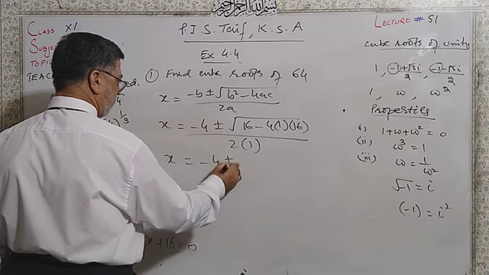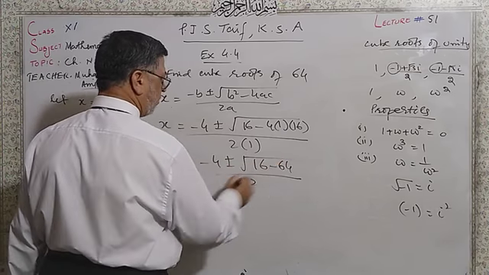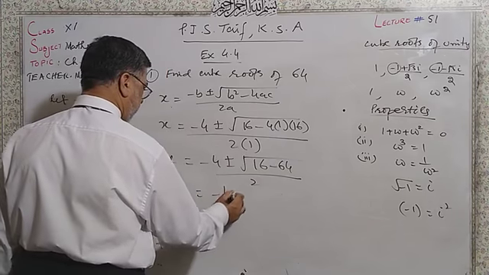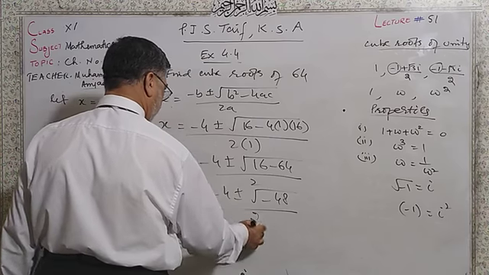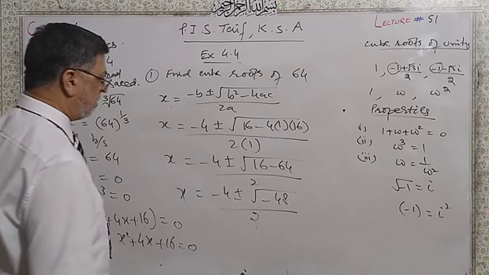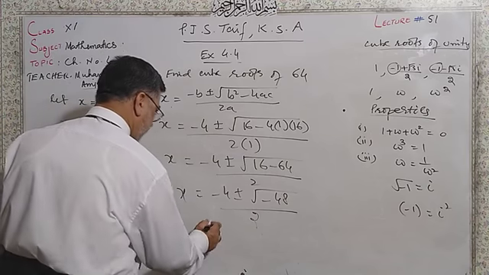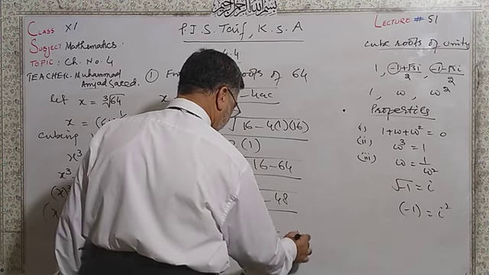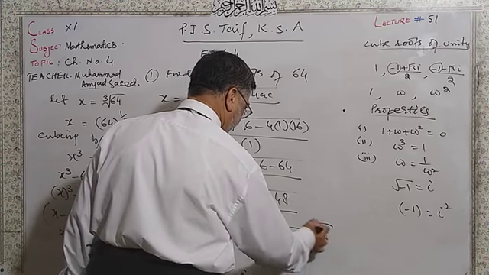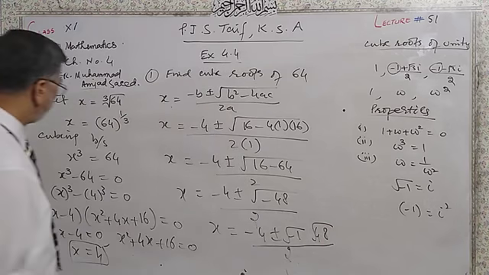x is equal to (-4 ± √(16 - 64)) / 2, and (-4 ± √(-48)) / 2. So we have x is equal to (-4 ± √(-1) √48) divided by 2.